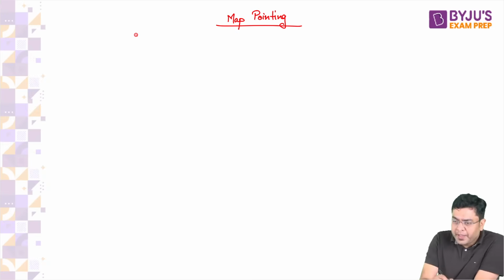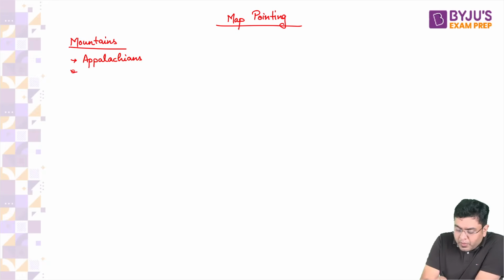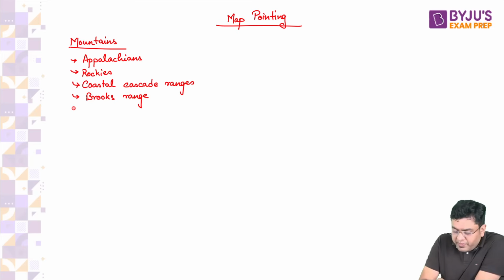First of all, I want you to look into the region of mountains: Appalachians, Rockies, coastal Cascade Ranges, Brooks Range, Sierra Madre, Oriental, and Occidental.